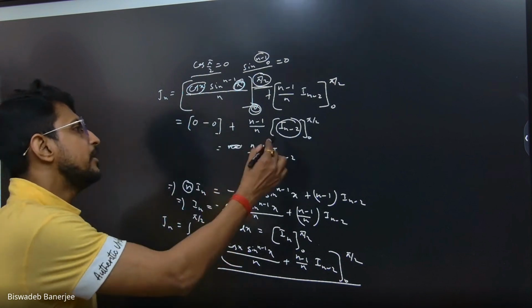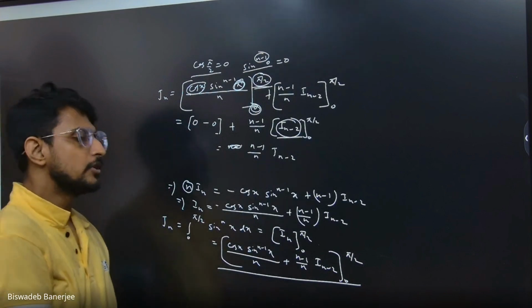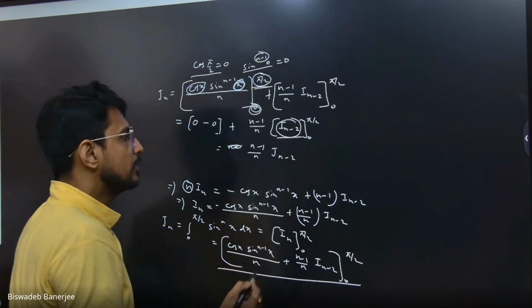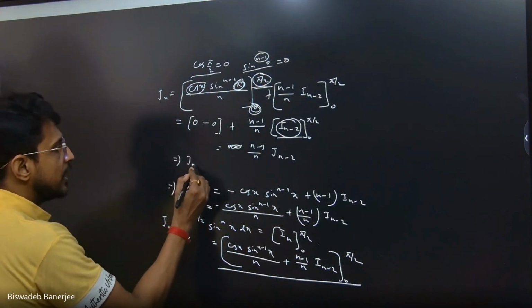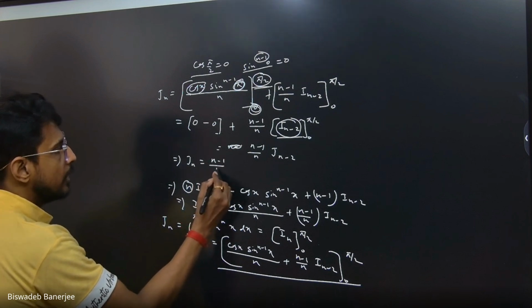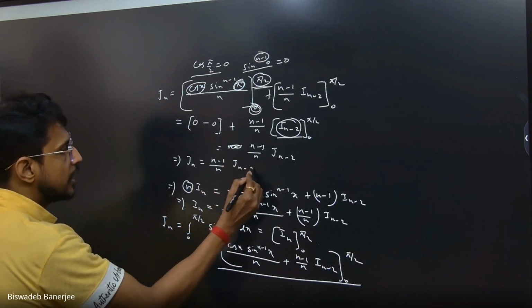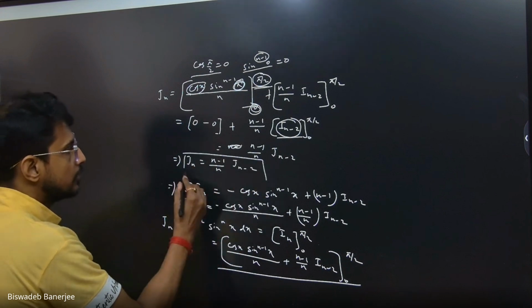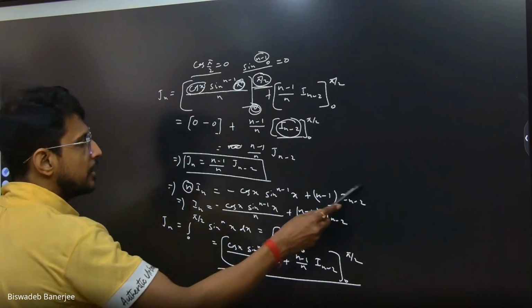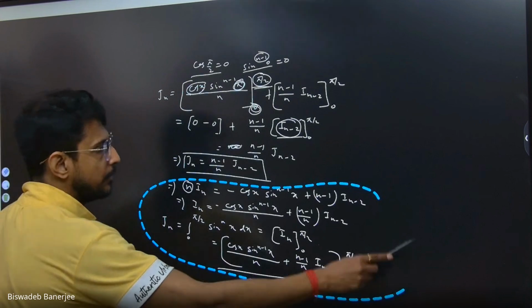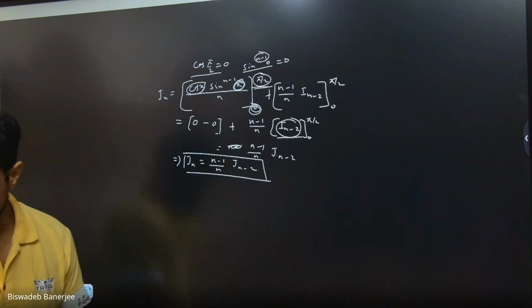It is a very important application of integration by parts. So my final answer is Jn equals n minus 1 by n times J n minus 2. It is a very, very important result. So just write it down.